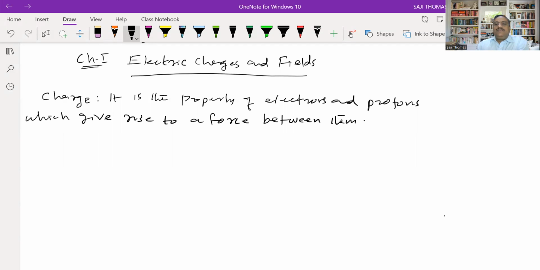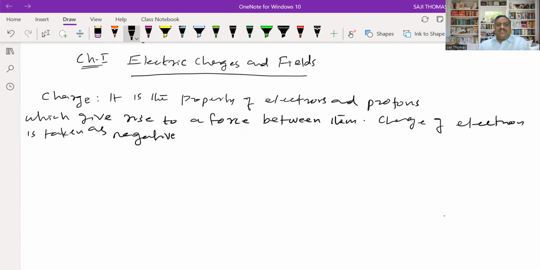The charge of electron is taken as negative. It was arbitrarily taken initially.